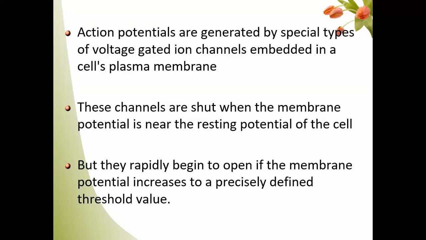Okay. These action potentials are generated by a special kind of voltage-gated ion channels. There are sodium ion channels and potassium ion channels. Normally, when the neuron is not conducting any signals, it will be at resting potential, about minus 70 millivolts.